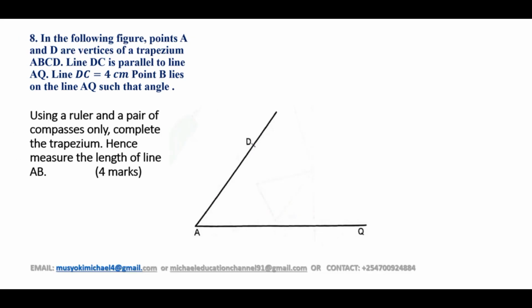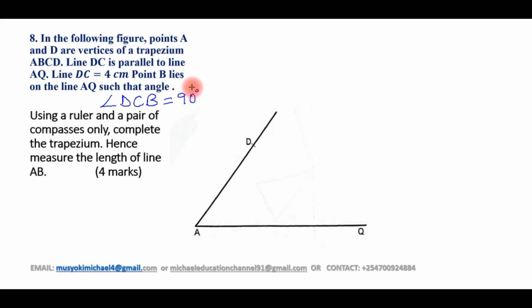So now, points A and B are vertices of the trapezium ABCD. Line DC is parallel to line AQ, and line DC is equal to 4 centimeter. Point B lies on the line AQ such that the angle BCD is equal to 90 degrees.